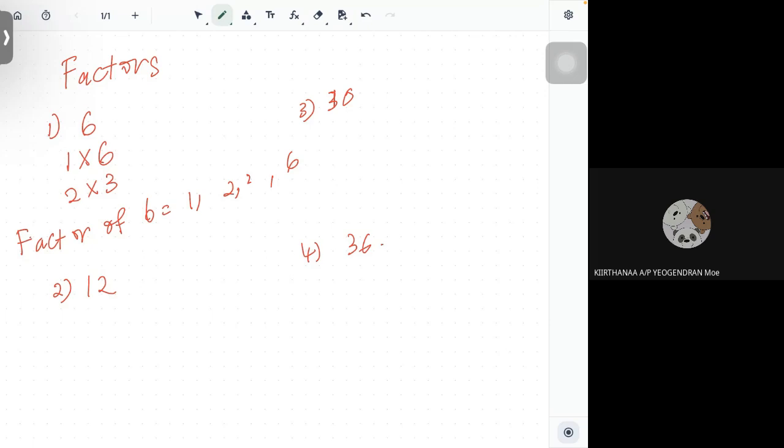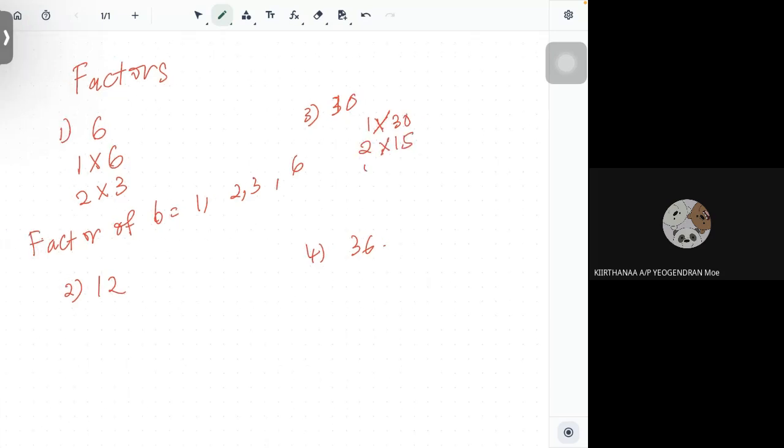Okay, what are the factors for 30? If I do it quickly, but for you, I'm doing it like this now. So the factors are 1, 30, 2, 15, 5, and 6.